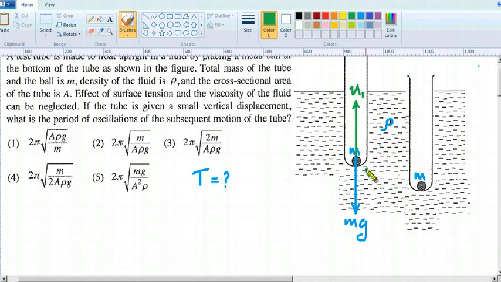It is given by this fluid because there is a pressure. By that pressure there are forces perpendicular to this test tube, and the resultant is the upthrust.